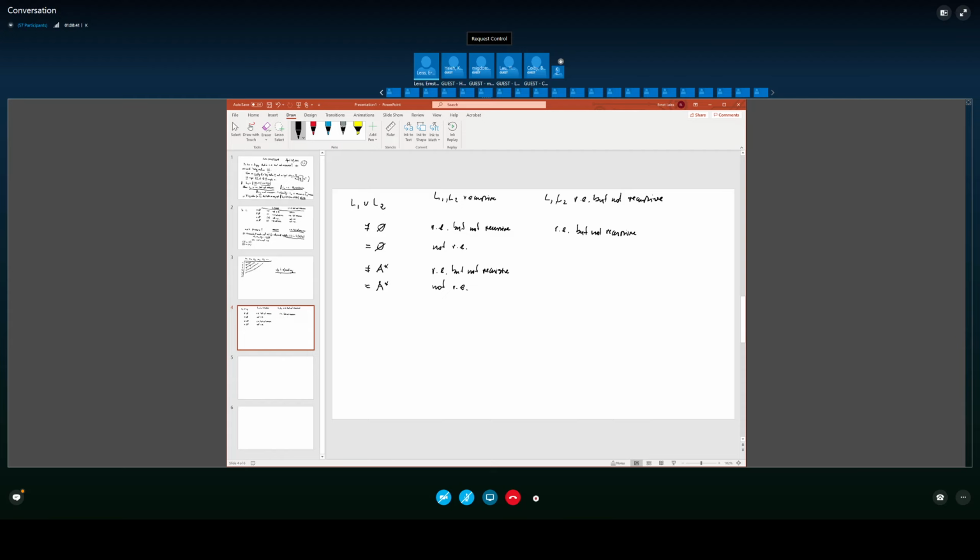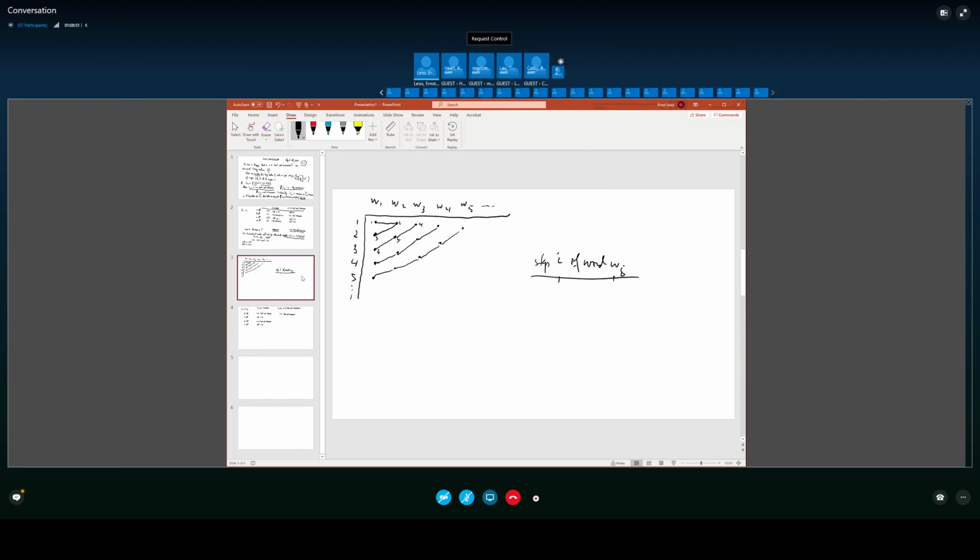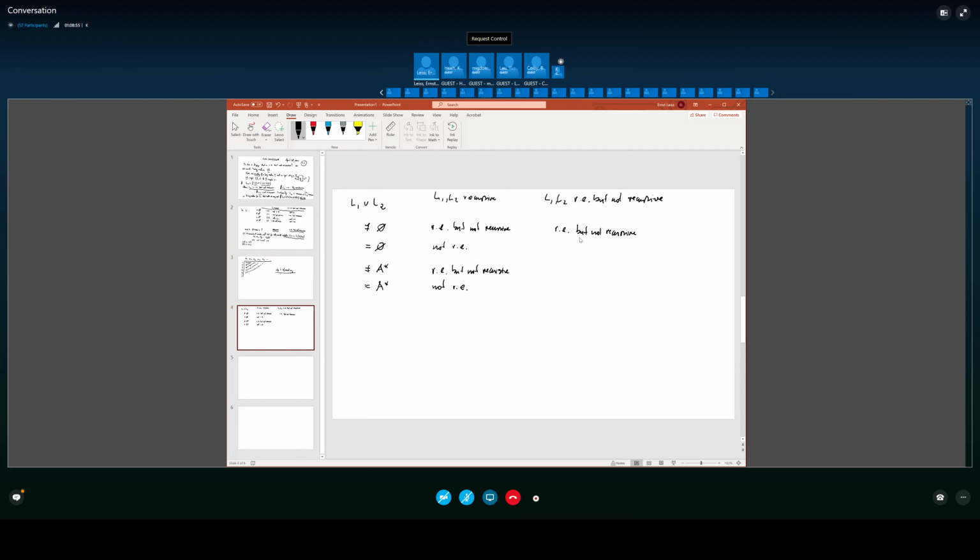So I'm still justifying that this is RE but not recursive because I'm doing this for both M1 and M2, and I can do that in parallel, and that gives me RE but not recursive. And now if I take the complement of that, then this is obviously not RE.